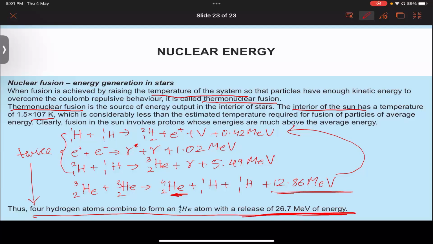The age of the sun is about 5 billion years, and it is estimated that there is enough hydrogen in the sun to keep it going for another 5 billion years.